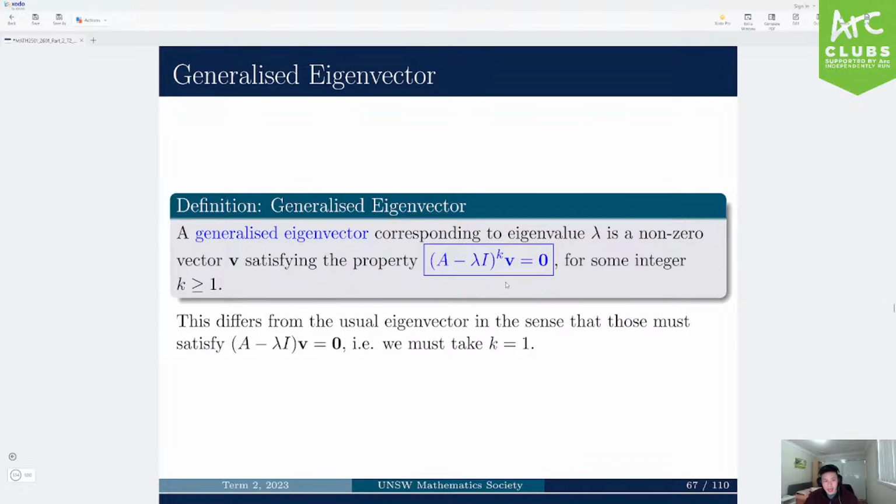Okay, and this actually generalizes the notion of an eigenvector, because we know that for an eigenvector, (A minus lambda I) times v must equal 0. So an eigenvector is just the special case where we take k equals 1, whereas for a generalized eigenvector, we can take any power k.